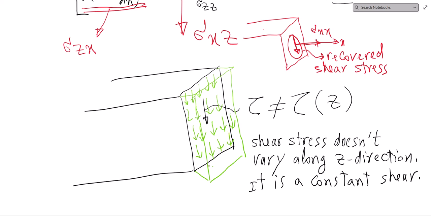This is obviously a big problem. It's still a big problem. Improved compared to Euler-Bernoulli, but a big problem. Because we know that at the top and bottom surfaces, we don't have shear in general in a beam. So the shear is actually a parabolic profile, which is zero at the top, zero at the bottom, and it has a second order variation. This is a constant along the z direction.